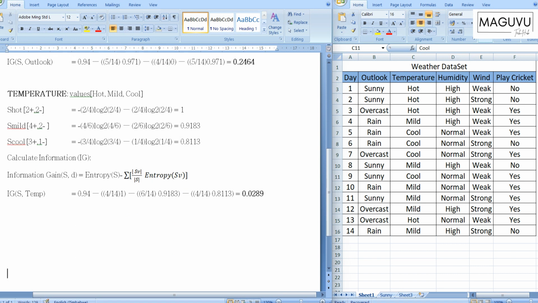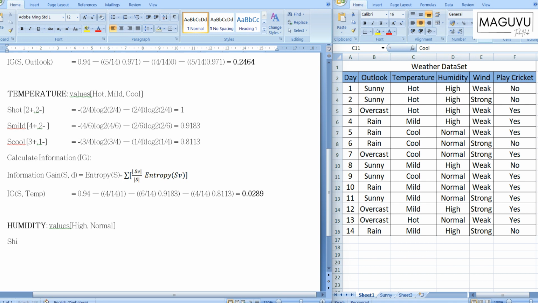So let's look at humidity, and let's look at the values that we have under humidity. What values do we have? We have got high and normal. So let's go ahead and calculate the entropy of those branches of the high and the normal that we have there.